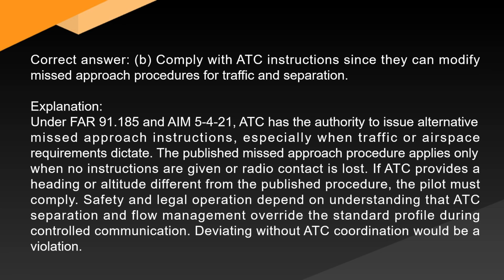If ATC provides a heading or altitude different from the published procedure, the pilot must comply. Safety and legal operation depend on understanding that ATC separation and flow management override the standard profile during controlled communication. Deviating without ATC coordination would be a violation.